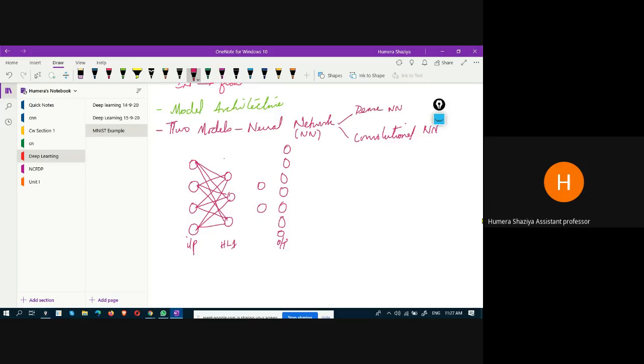So when you have this type of connections, this is known as fully connected or dense. And again, the same thing happens. This is connected to all, this is connected to all, and this one is also connected to all.